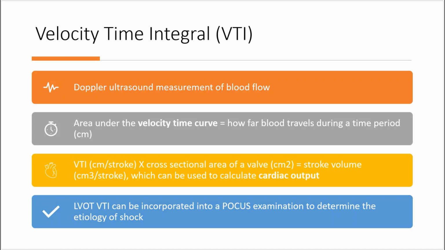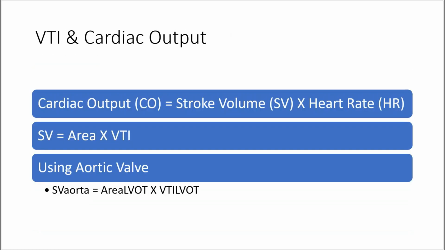Left ventricular outflow tract, LVOT VTI, can be incorporated into a POCUS examination to determine the etiology of shock. Recall, cardiac output is calculated by stroke volume times the heart rate, and the stroke volume is the area of the valve times the VTI.